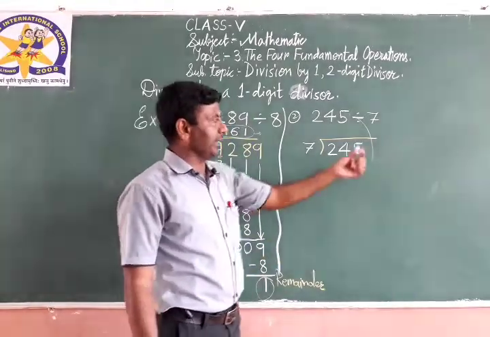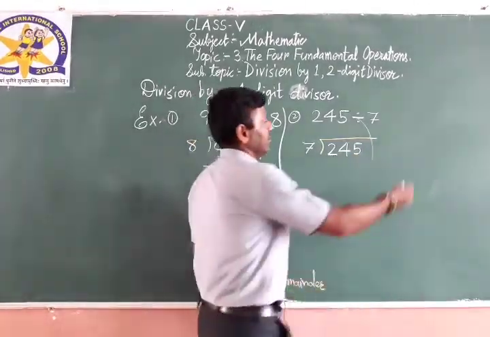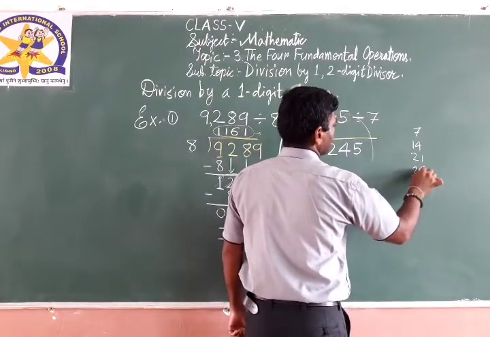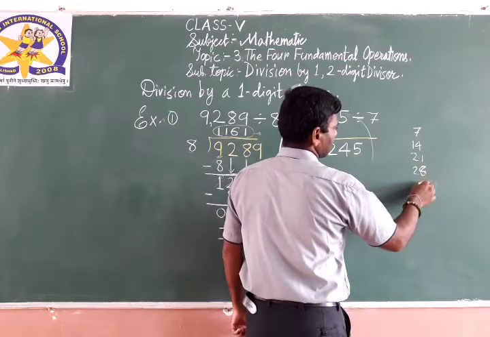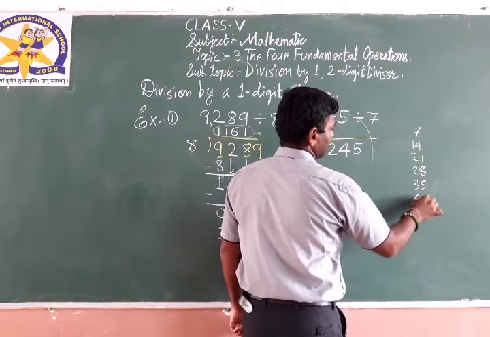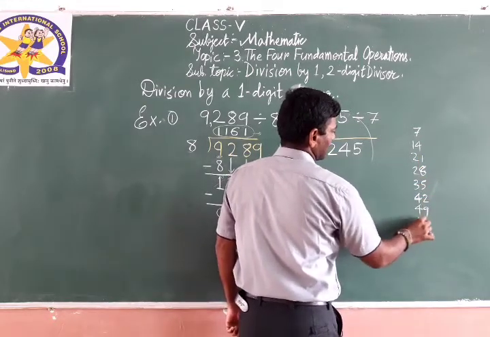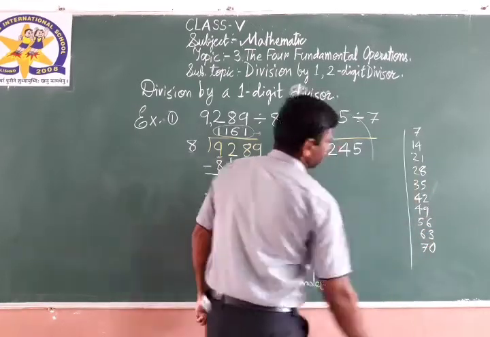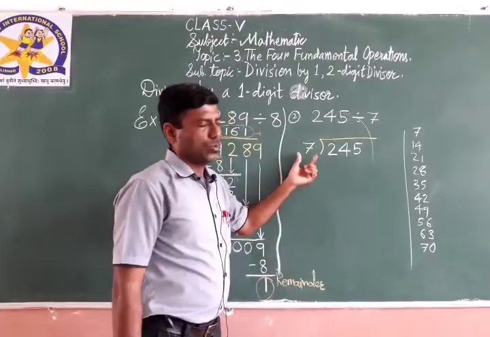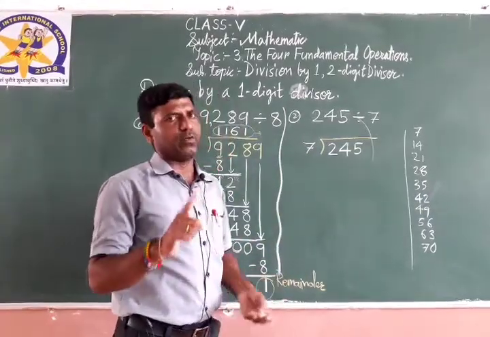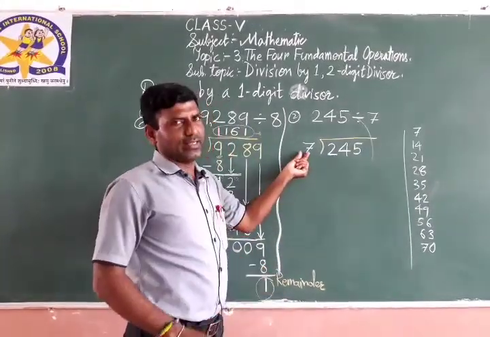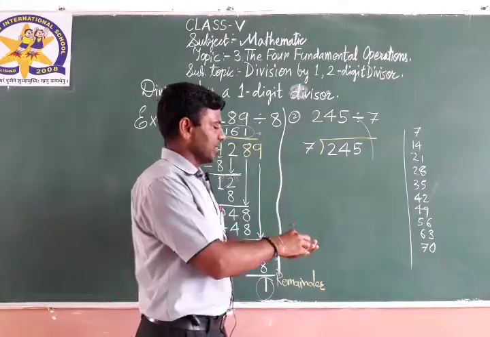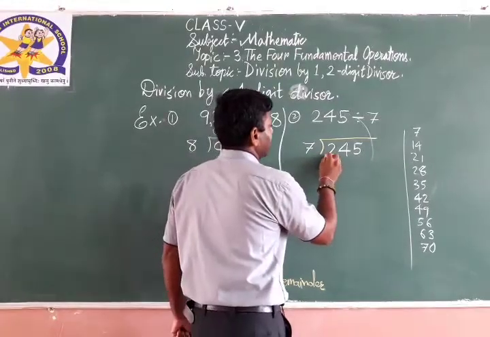Now, if you want, you can write the 7 table here. This is the table. Now, focus on what I said. First rule, check how many digits the divisor has. The divisor has one digit, so focus on only one digit.